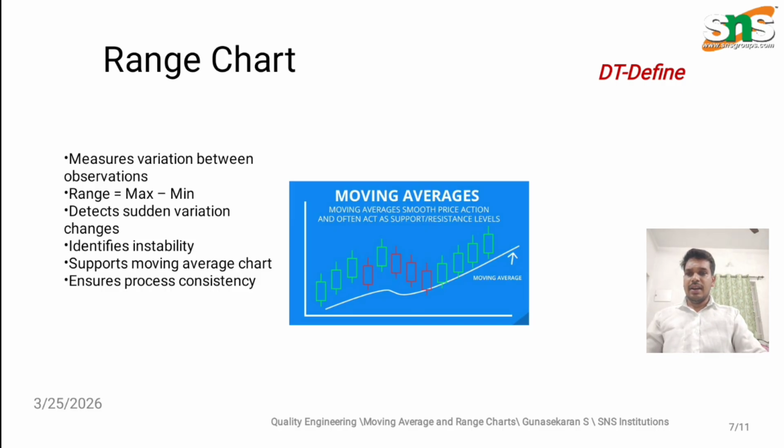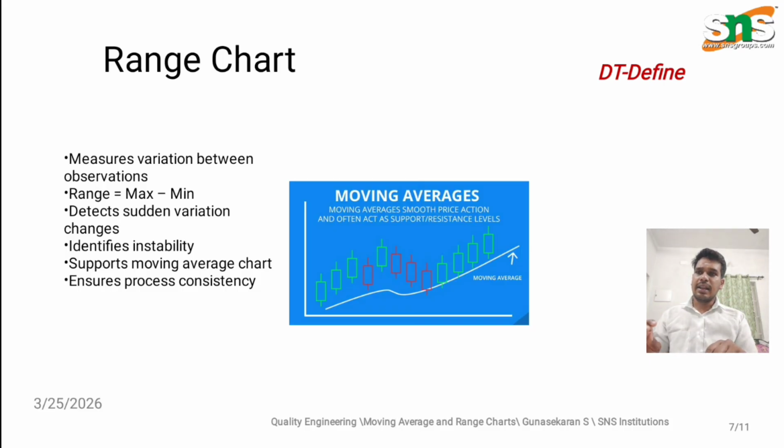Here we are seeing about range charts. The range chart measures process variability by calculating the difference between observations. It helps identify sudden changes in variation.